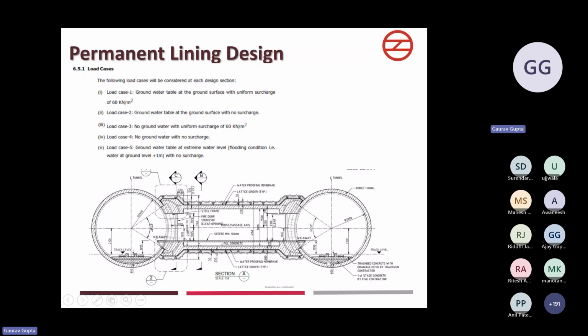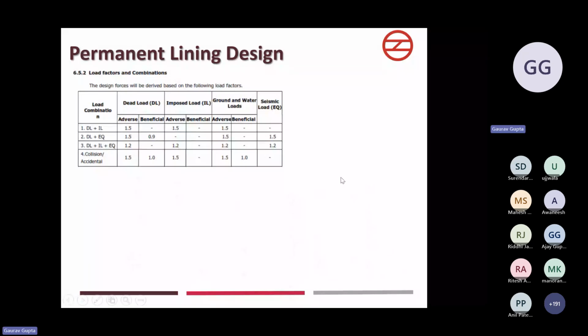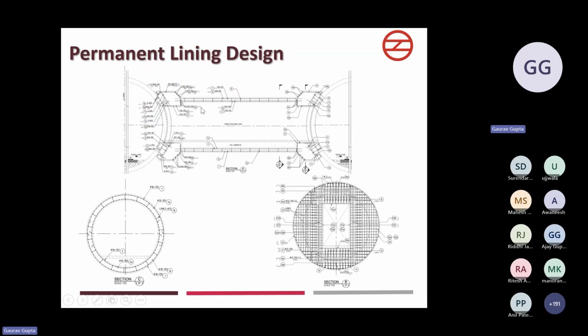This is a typical cross section of a cross passage connecting the two tunnels, showing the permanent lining. These are the load combinations as per the ODS. This is the reinforcement drawing of a permanent lining.